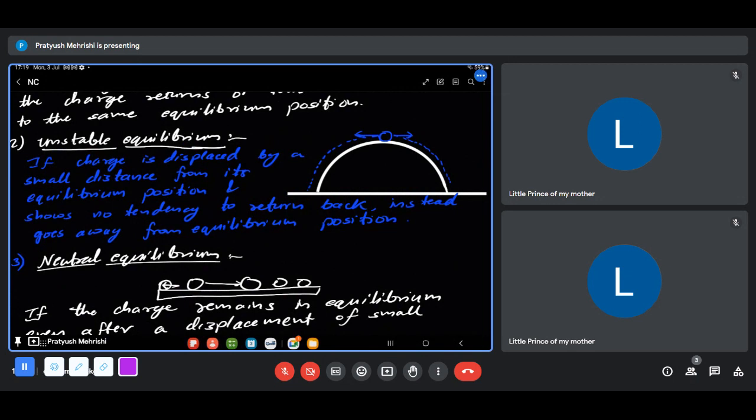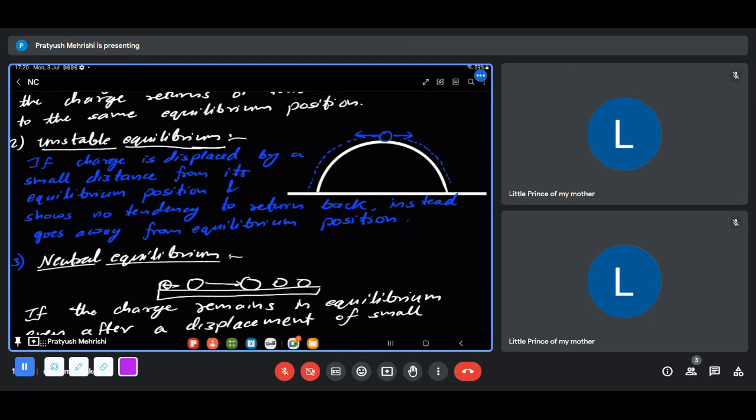But if you give a slight push to this ball, even if you blow air out of your mouth over this ball, it would start rolling downwards and it would never come back again. Why? Because gravity only pulls. There is no force which is going to pull this ball back to the equilibrium position.